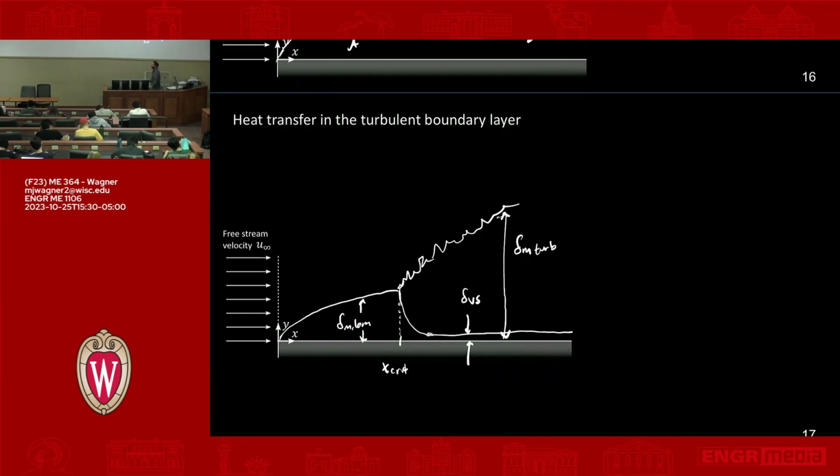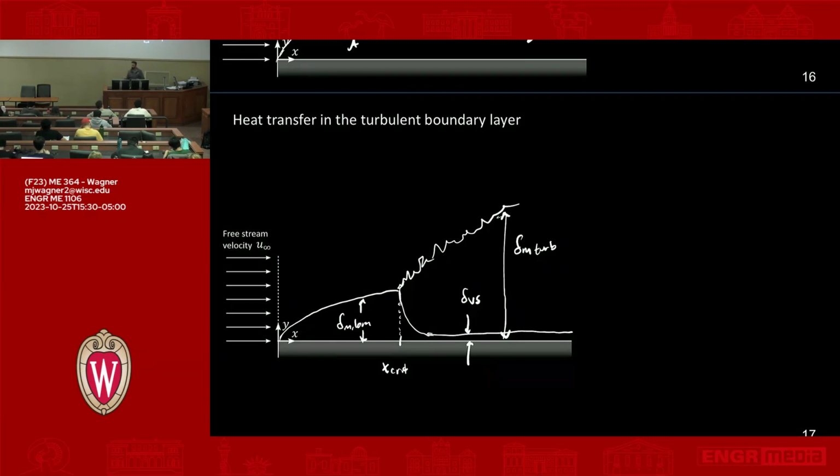All right, so as I mentioned, the important features here are that within the turbulent boundary layer outside of the viscous sublayer, things are kind of chaotic. There's a lot of transport happening. There's a lot of movement away and towards the plate. But on average, the gradients in velocity and the gradients in temperature are really pretty small, right?